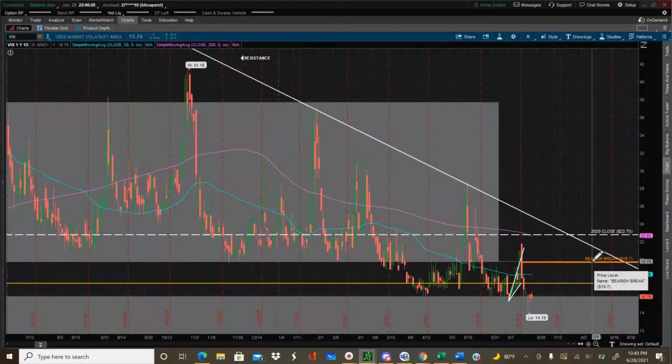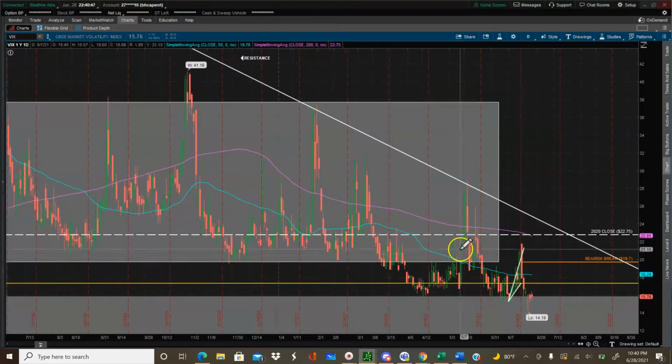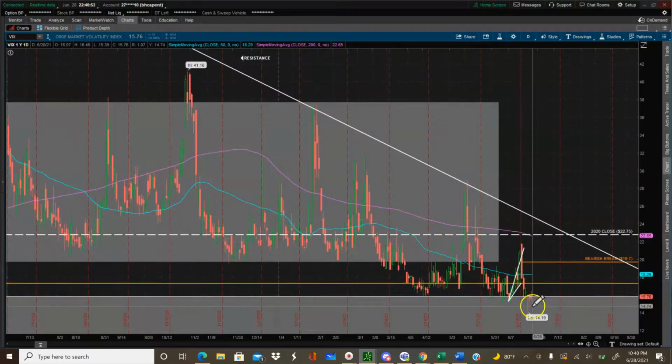Basically, I was looking on the daily chart, saw this dark cloud cover here, and that fed into a bearish thesis for VIX, but a bullish thesis for the overall markets. So that's all that was. But currently trading below the 50 and the 200-day moving averages.